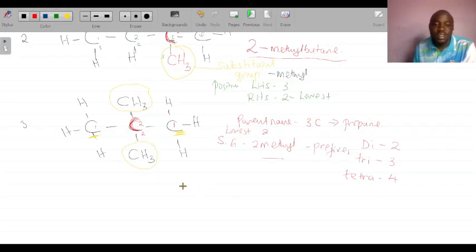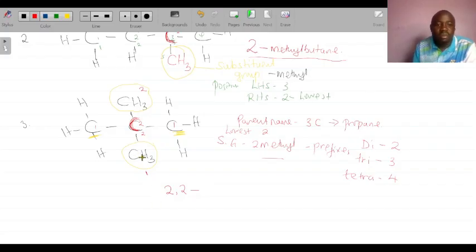And so we give the name, just like the first one. We shall start with the position of the substituent group. So the first one is on carbon number 2. Then we put a comma. We have the second substituent group. It's also located on carbon number 2. So we have been able to indicate their positions. Then we use a hyphen.